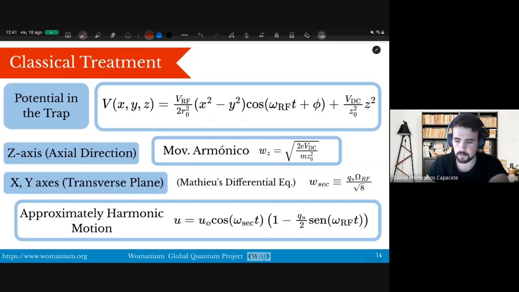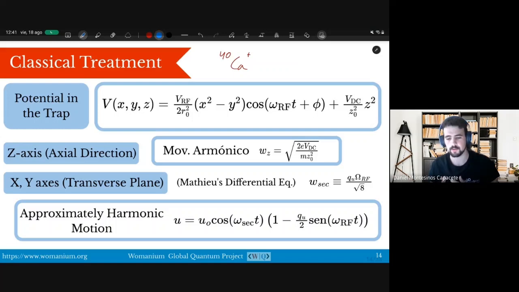So ions, we know, are a gas. In this case, this is our calcium ion. So they have electrical charge, right? In this case, it is a positive ion. So how do we trap ions? We are going to create a certain device that is going to be producing a potential inside the trap.